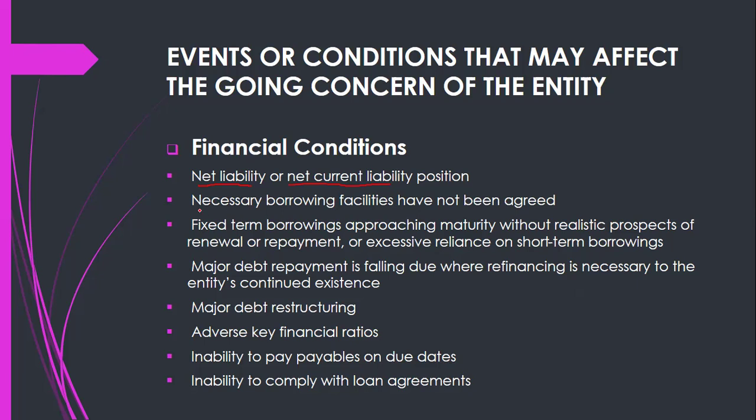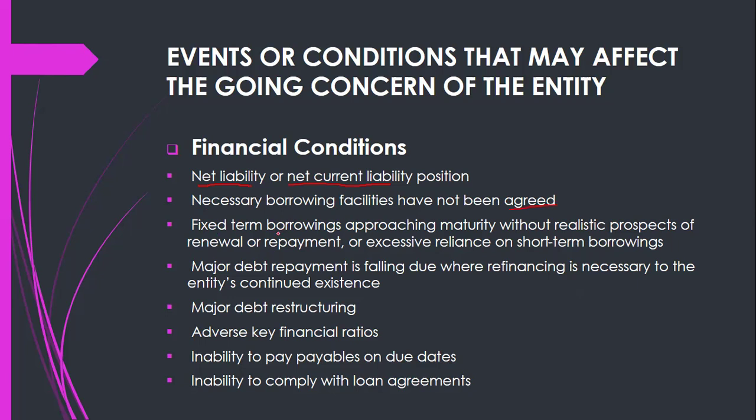So two, necessary borrowing facilities have not been agreed. A company needs funding to operate effectively, but the necessary borrowing facilities have not been agreed. Then there's a going concern problem there.